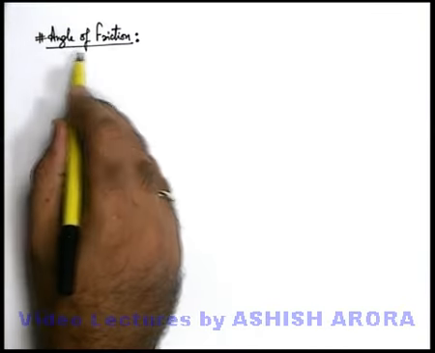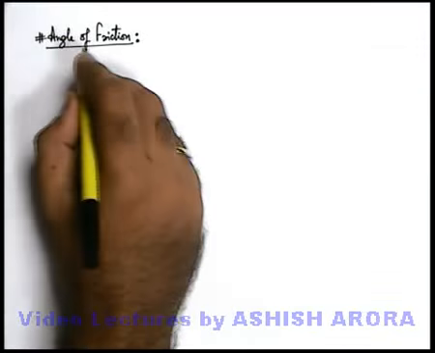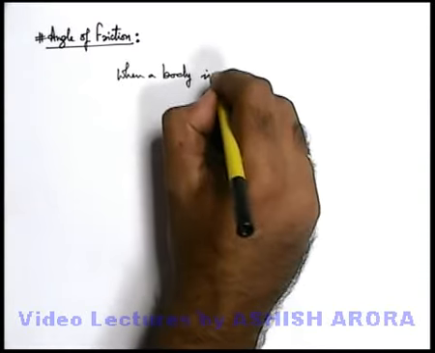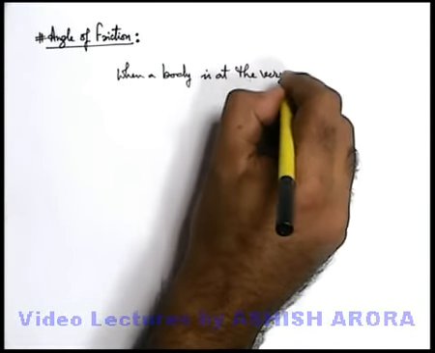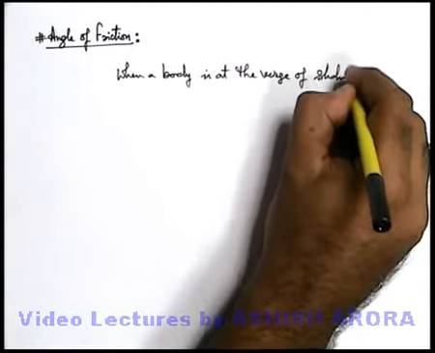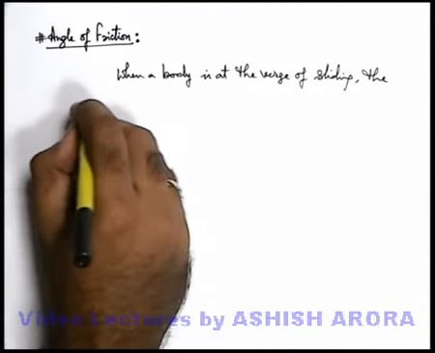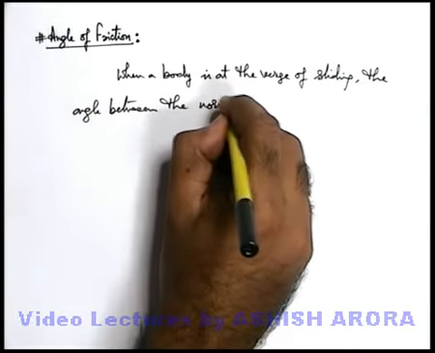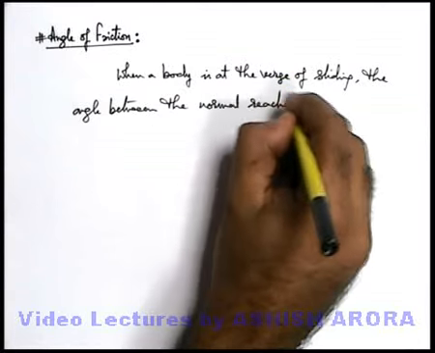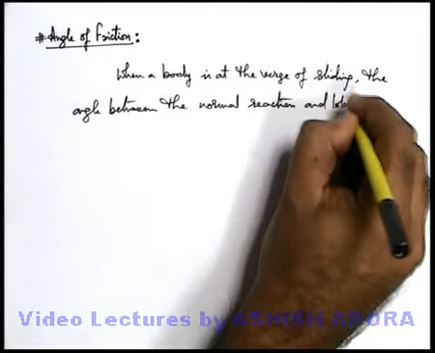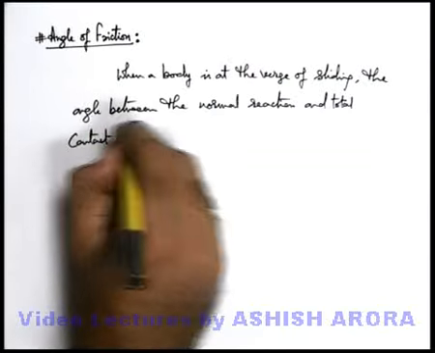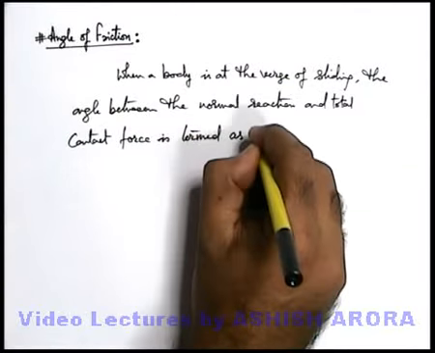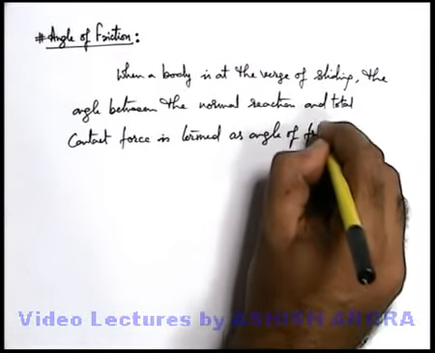Let us first discuss angle of friction. We can write down that when a body is at the verge of sliding, the angle between the normal reaction and total contact force is termed as angle of friction.